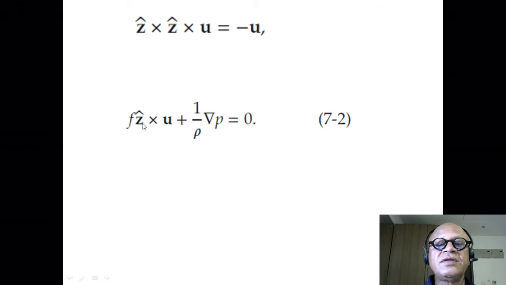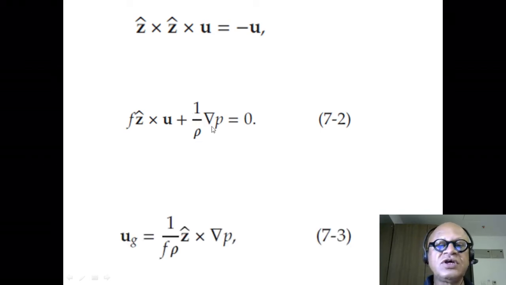So this equation then basically becomes minus u plus z hat cross 1 over rho grad P equals 0. And u in this case is in geostrophic balance, so you can write it as u_g. Because of the minus, we can move this to the other side. So we have divided by f, and we got 1 over f rho z hat cross grad P.